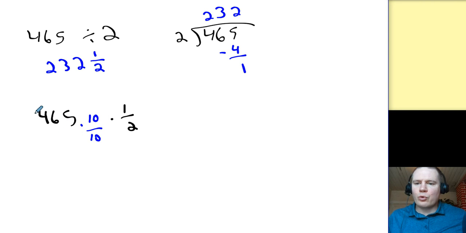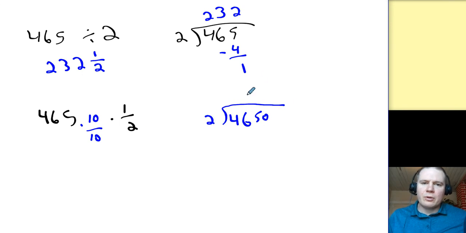So instead of 465, I can think of it as 4,650 tenths. 4,650 cut in half. Right, 2 goes into 4 2 times, 2 goes into 6 3 times, 2 goes into 5 2 times, 2 goes into 10 5 times.